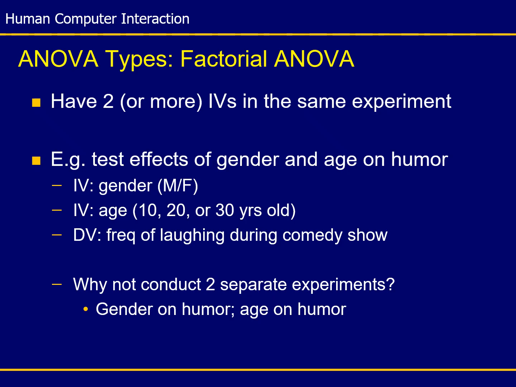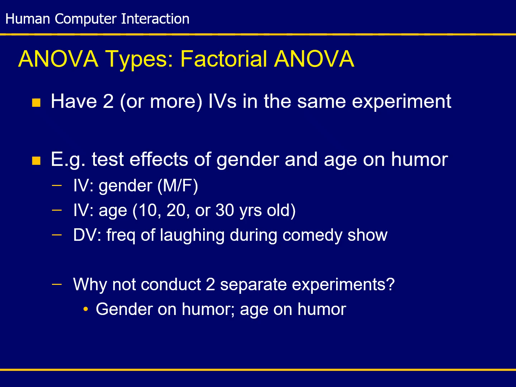Now let's think about statistics. What can we do? We have 2 independent variables, gender and age, and we have one dependent variable, which is the number of times they laughed during the show. So how do we do the analysis? Well, you could split the whole experiment data into 2 portions.